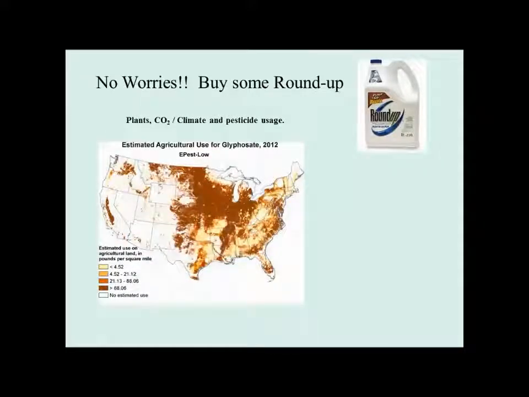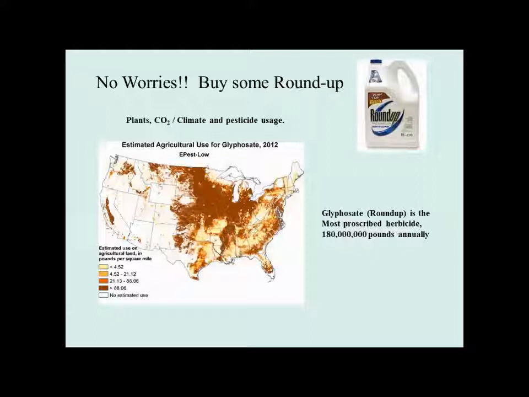Well, we spray a lot of Roundup. This is from USGS. I think the dark lines are about 90 pounds per acre, something like that. And you can look at this and pretty much tell where the breadbasket of America is. So we use annually about 180 million pounds of Roundup.